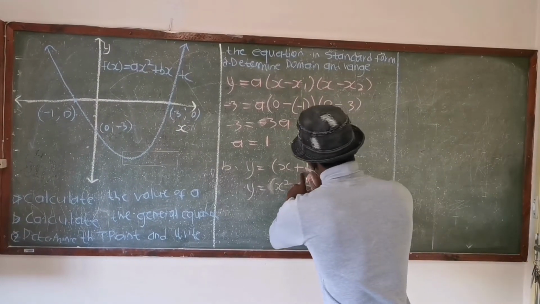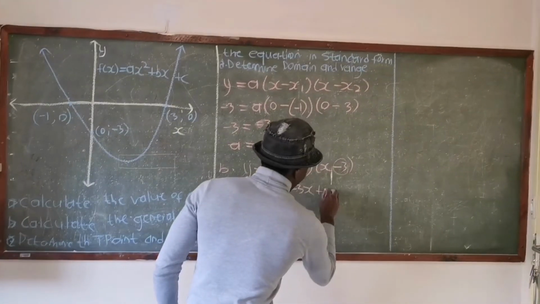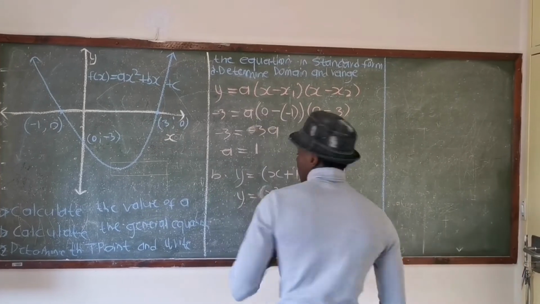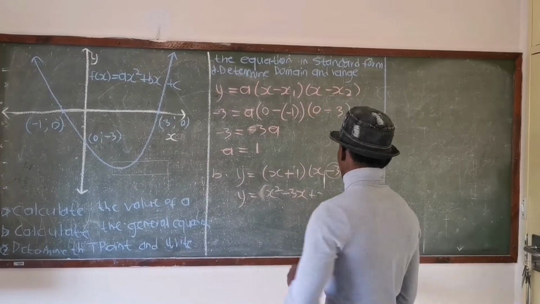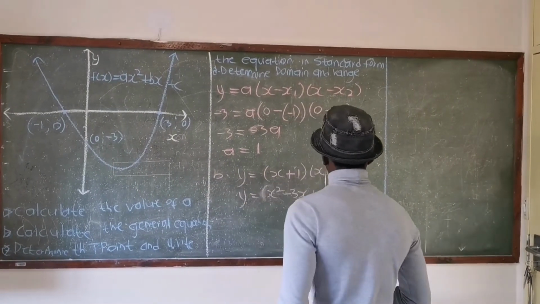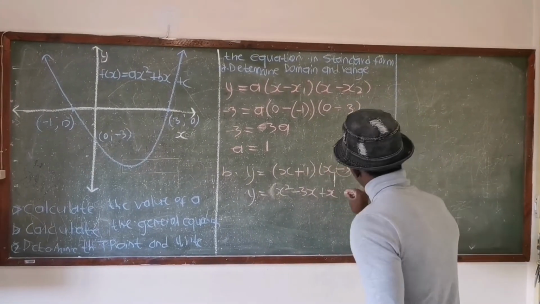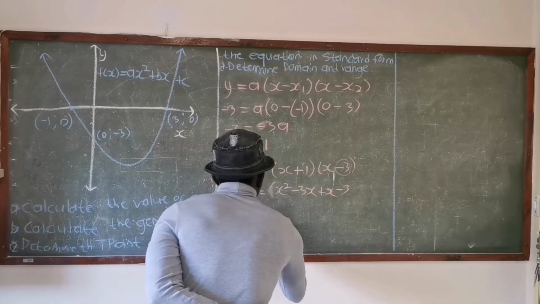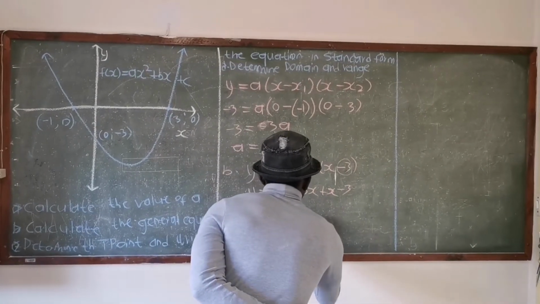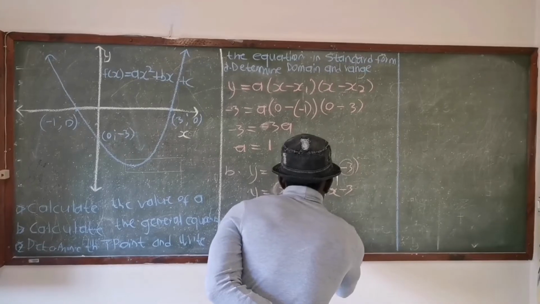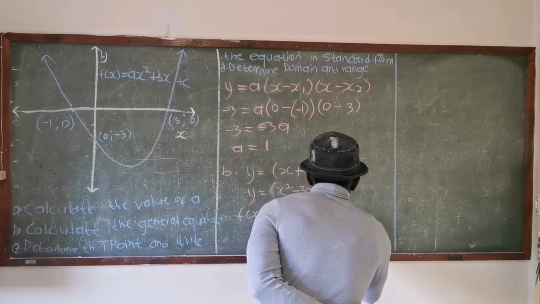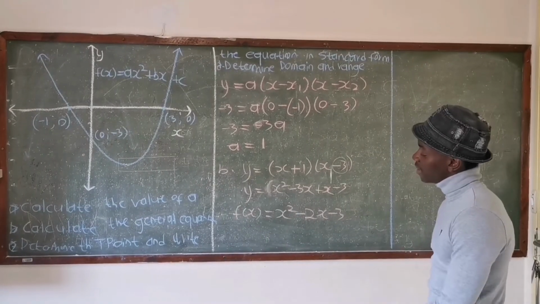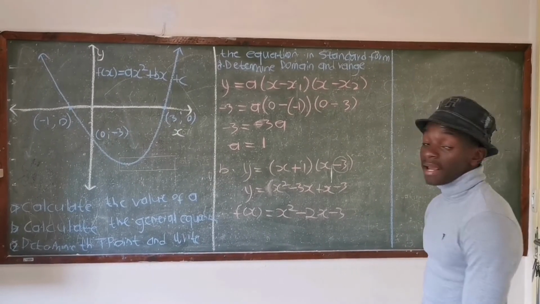Then as you can see here, positive by positive is positive, but negative by positive is negative. So here we're going to be having x, and as you can see here, our value is negative 3. So our final general equation here is going to be x squared minus 2x minus 3.